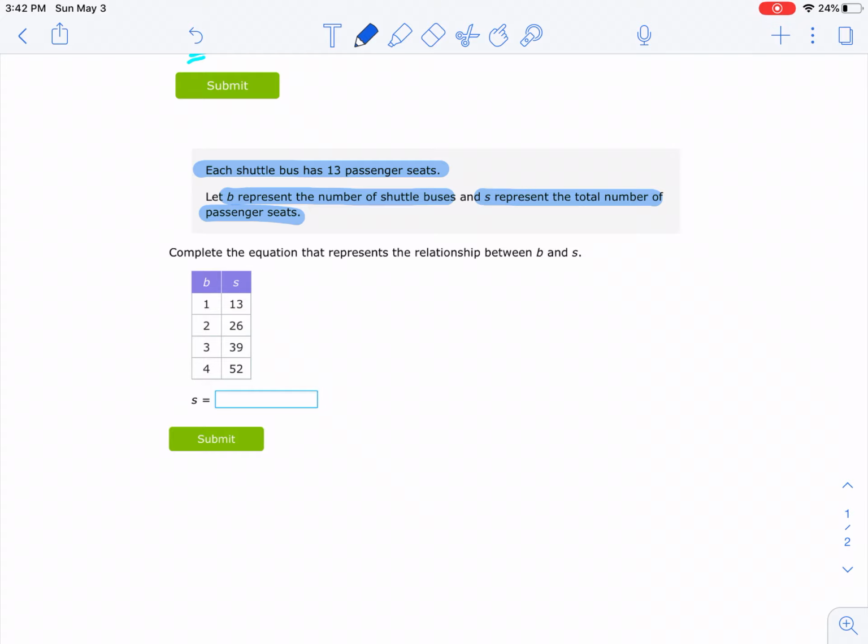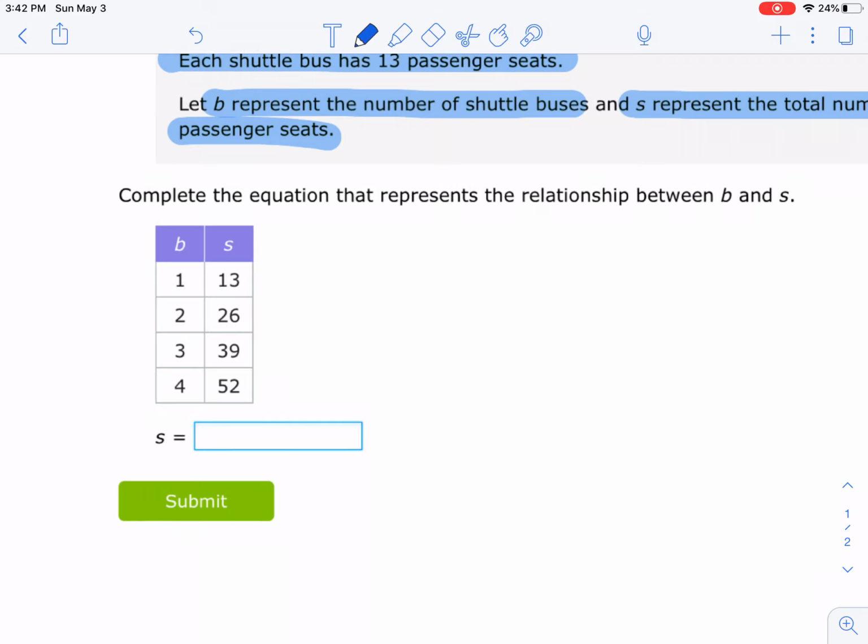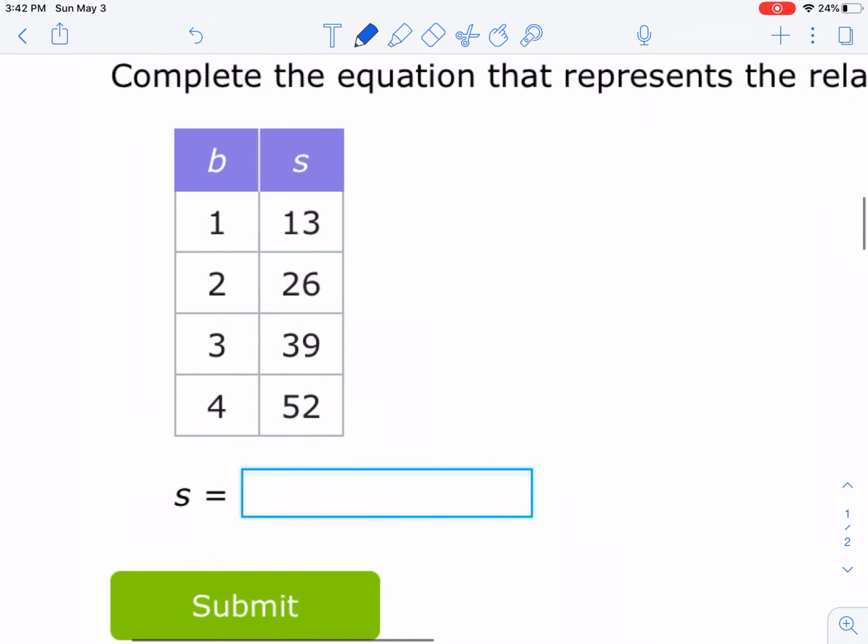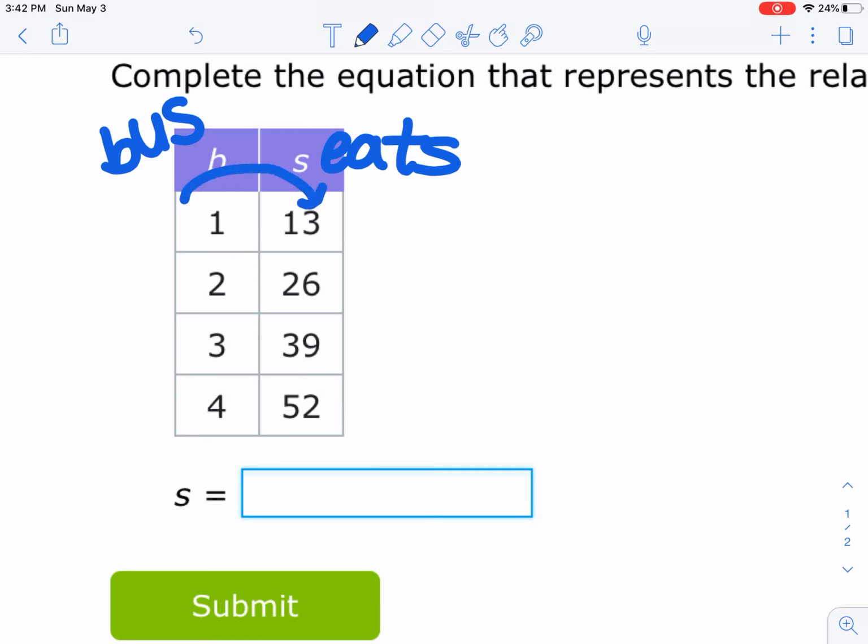Complete the equation that represents the relationship between B and S. So right here, I know that one bus has 13 seats. Okay. What is the relationship between B and S? 2 buses would have 26 seats. 3 buses would have 39. 4 buses would have 52. So I'm going to start back up at the 1 bus.